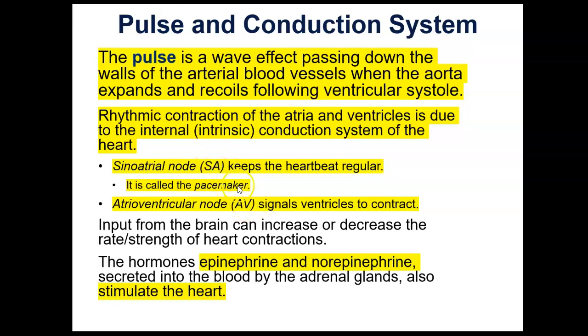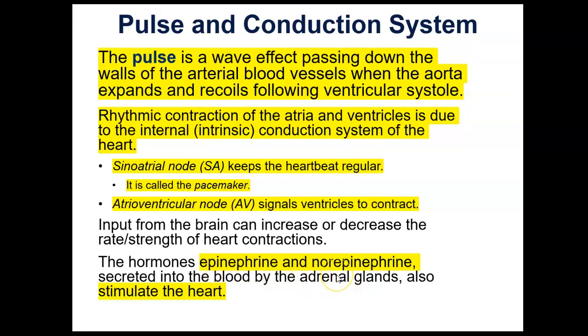Both of these are located in the right atrium, but the AV node is closer to the ventricle, closer to where you're going to find the AV valves, the tricuspid and bicuspid valves. Anyway, the AV node signals the ventricles to contract. So the SA node signals the heartbeat and sets the heart rate. And then once the signal passes to the AV node, it signals the contraction of the ventricles and the pumping of the blood.